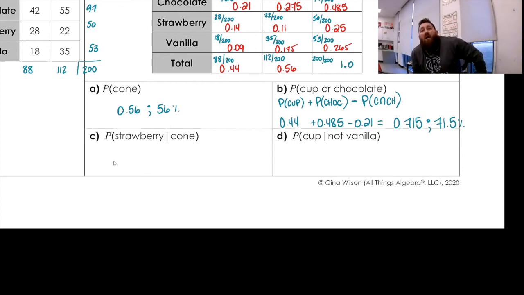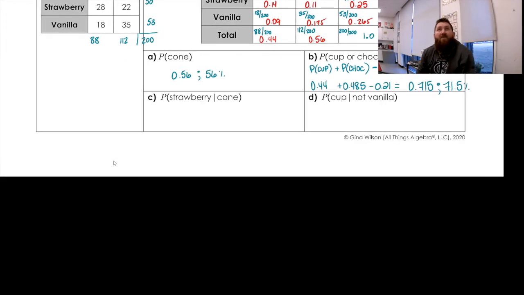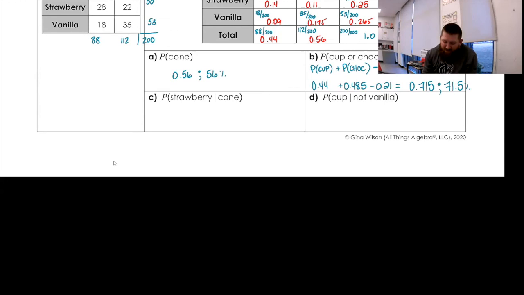What about strawberry given they like cones? So here comes our conditional probability. So we've got to do the probability of strawberry and cone over the probability of just cone. So the probability of strawberry and cone was, let's find it out, 0.11.